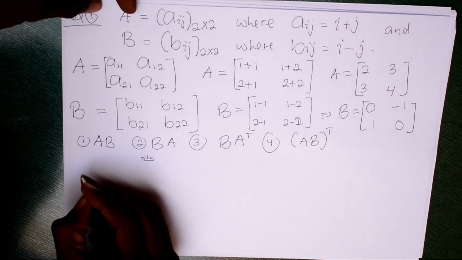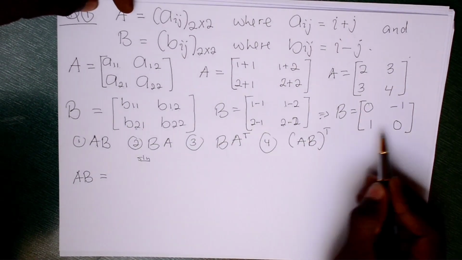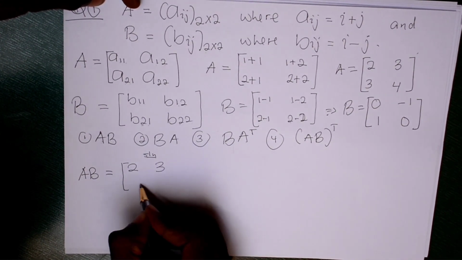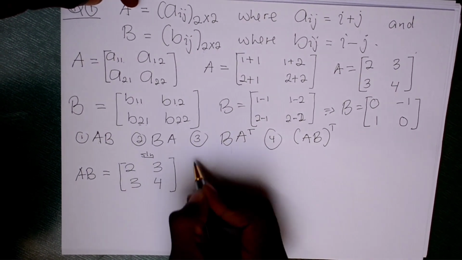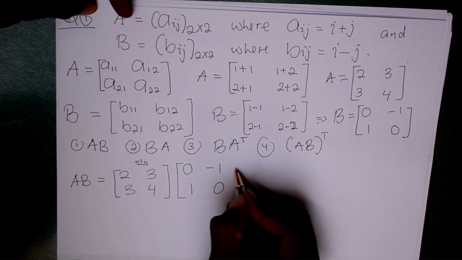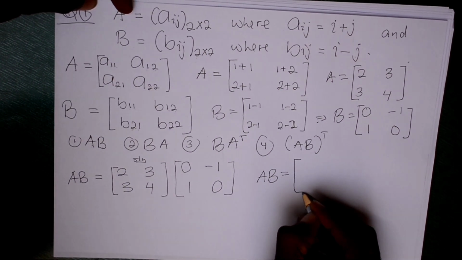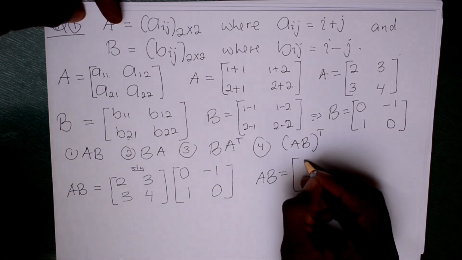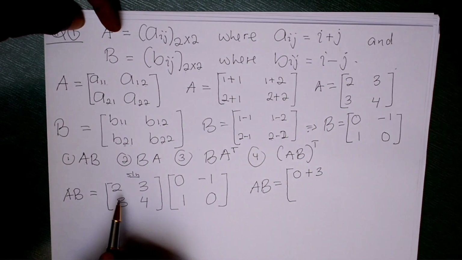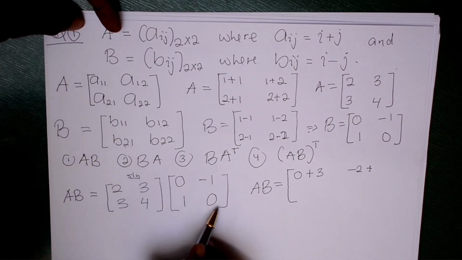Number 1, solution. AB will be equal to the matrix of A, which is this, times the matrix of B, which is this. Then we put them down and multiply them together: 2, 3, 3, and 4, then matrix B, 0, minus 1, 1 and 0. So now we are to multiply these two matrices. AB will be 2 times 0, which gives 0, plus 3 times 1, 3. Then 2 times minus 1, minus 2, plus 3 times 0, 0.